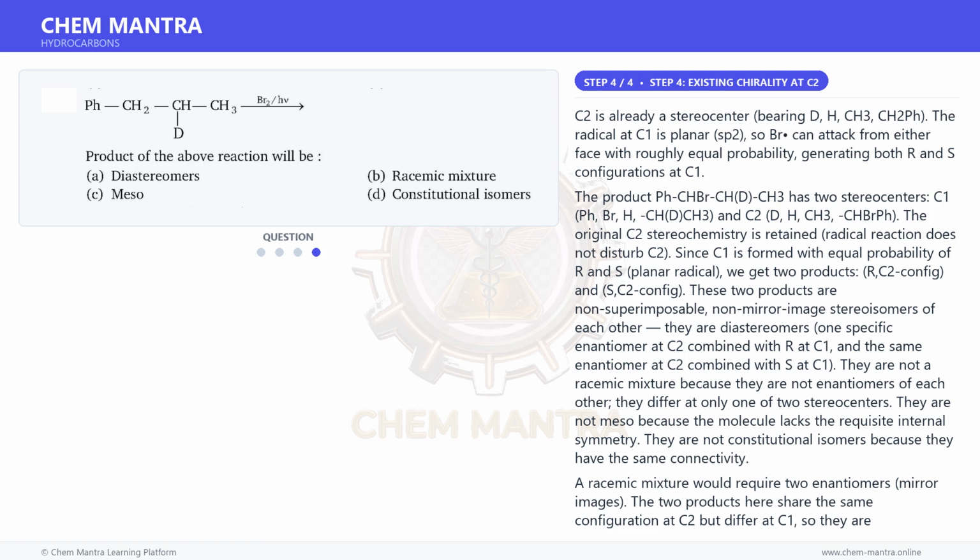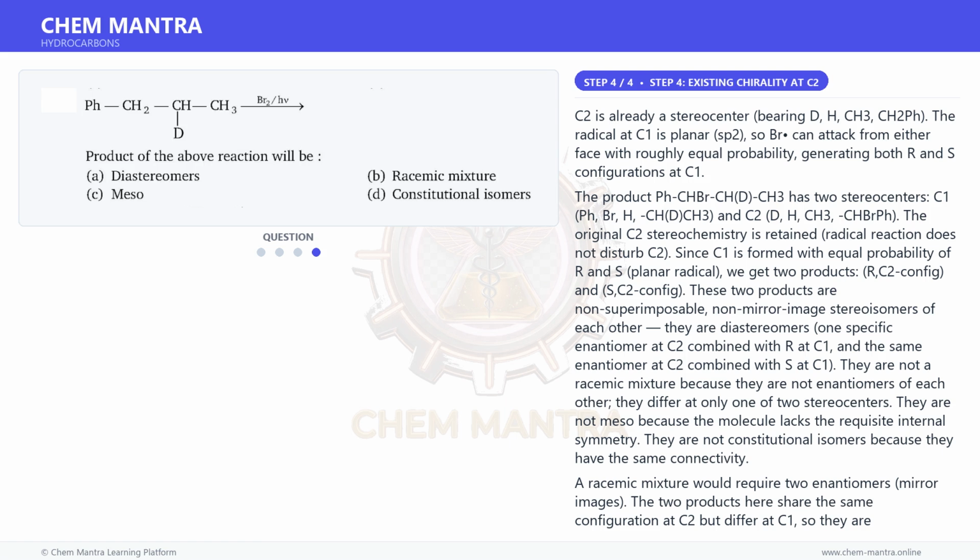The product PhCHBrCHDCH3 has 2 stereocenters, C1 with Ph, Br, H, CHDCH3, and C2 with D, H, CH3, CHBrPh. The original C2 stereochemistry is retained. Radical reaction does not disturb C2.